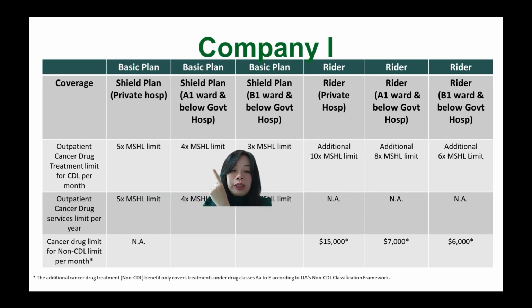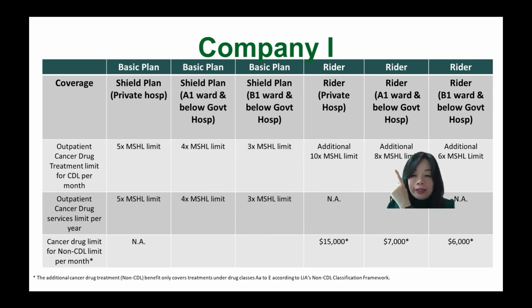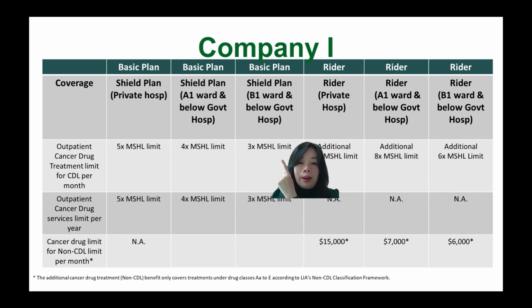If you only have the government hospital plan, it will be 4 times of the MediShield Life limit. And if you have the rider, there will be an additional 8 times of the MediShield Life limit. So it will be 12 times. If you only have the plan that is the B1 ward and below, it will be 3 times of the MediShield Life limit.